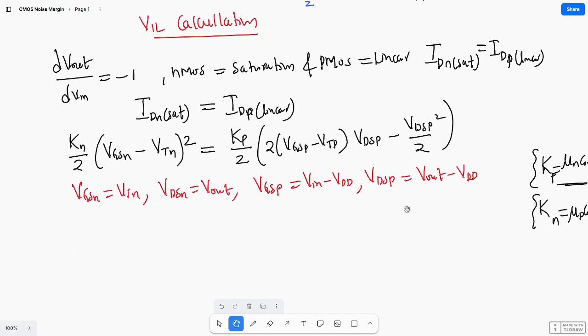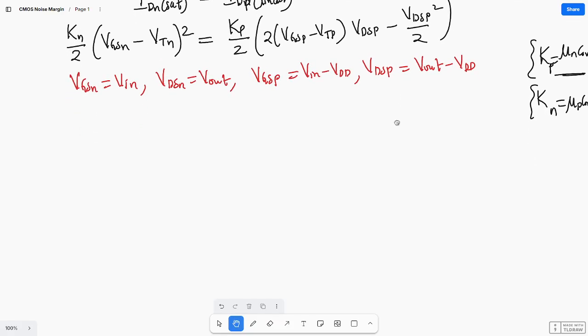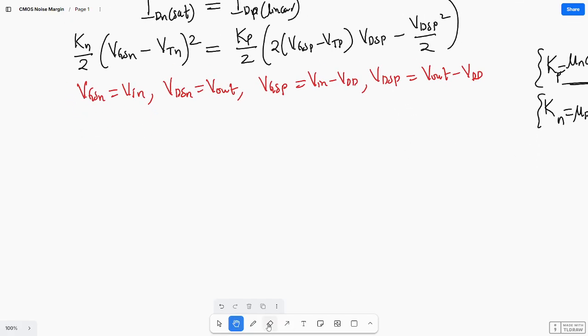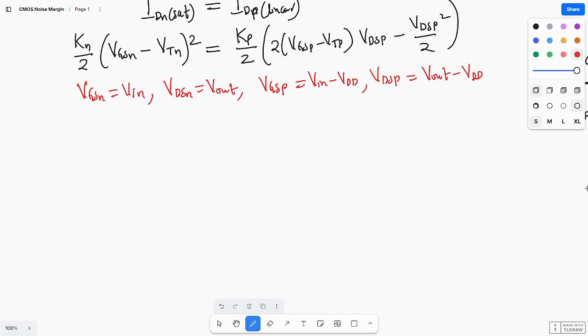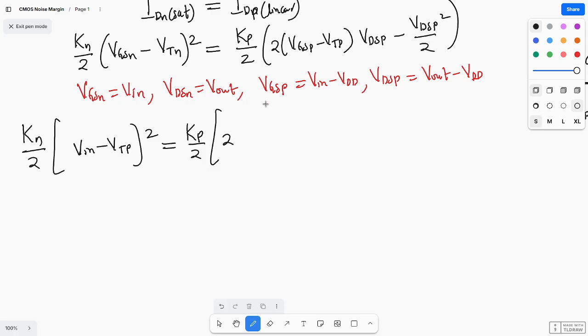So I am going to substitute in this above equation. If I substitute, what will I get? Kn by 2, and VGSN is Vin minus VTN, whole square, that is equal to Kp by 2, 2 into VGSP, which is Vin minus VDD minus VTP, into VDSP.